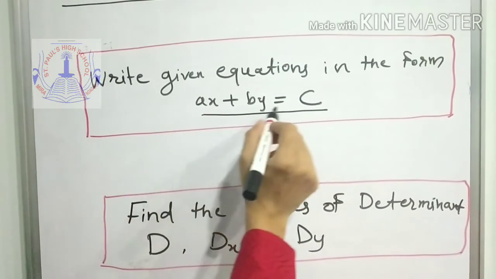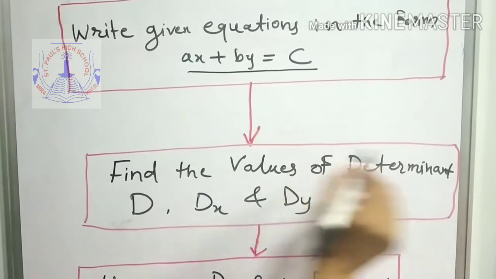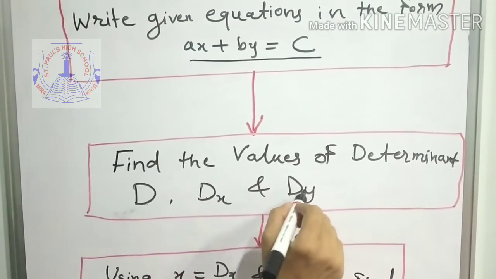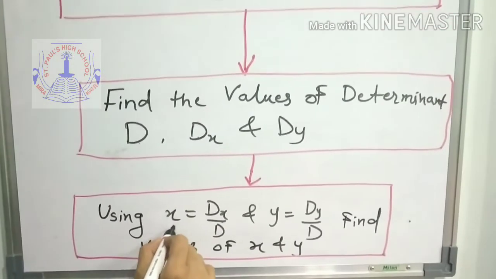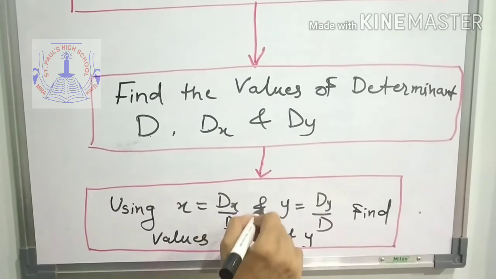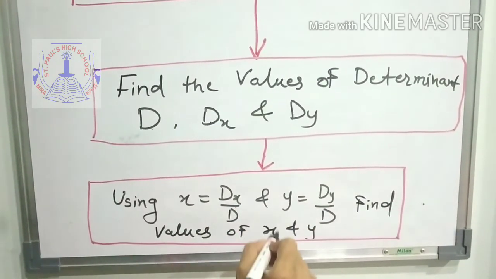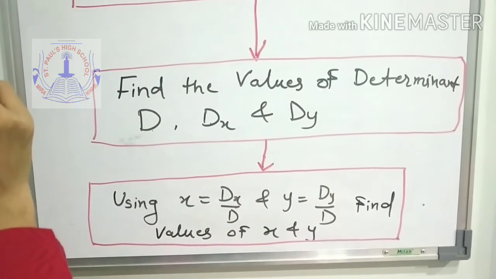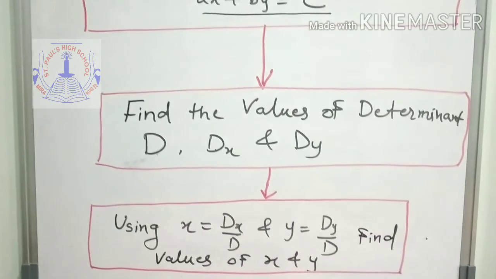Next step, find the values of determinants d, dx and dy. And the next step is to use x equal to dx upon d and y equal to dy upon d to find the values of x and y. So now we will solve practice set 1.3, question number 3.